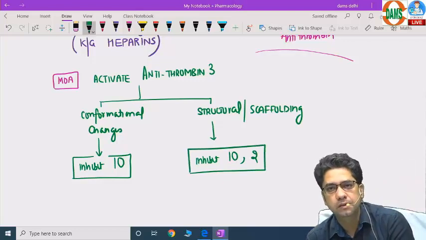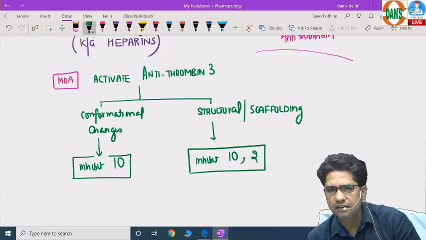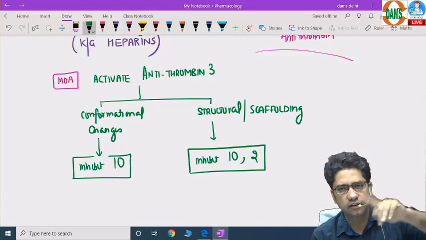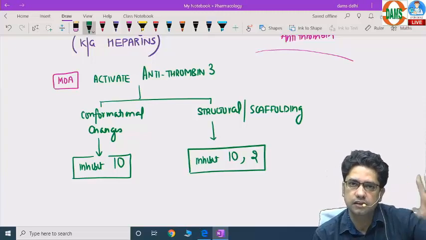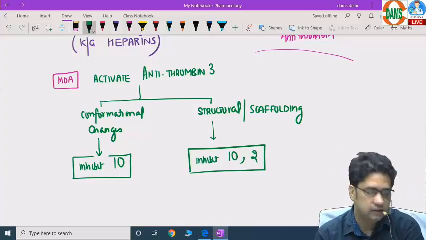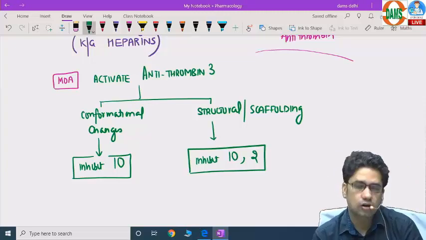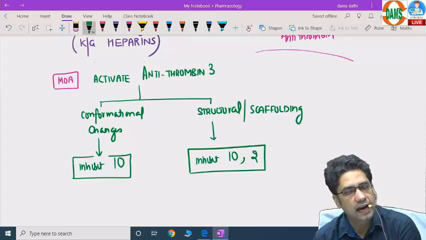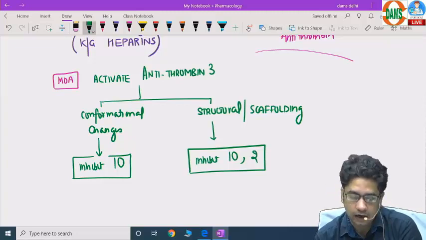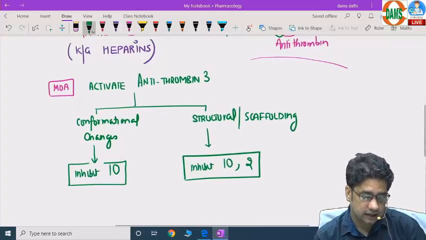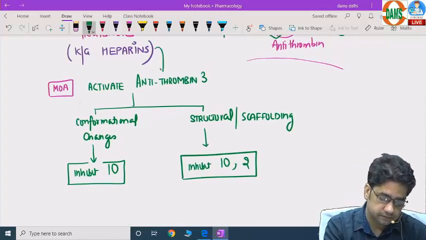When antithrombin 3 changes, either conformational changes or scaffolding structural changes, then it will have this effect. So this antithrombin 3 will produce anticoagulant effect.